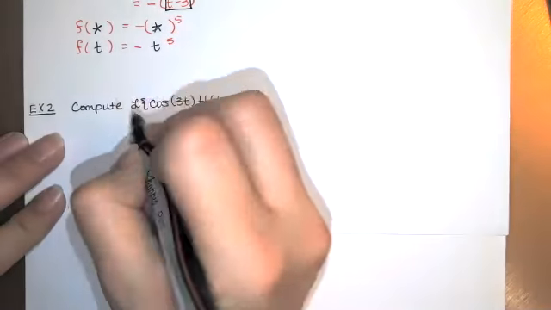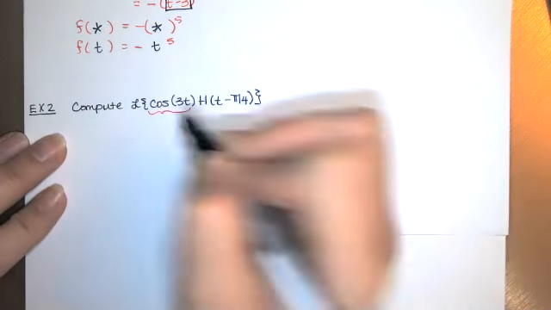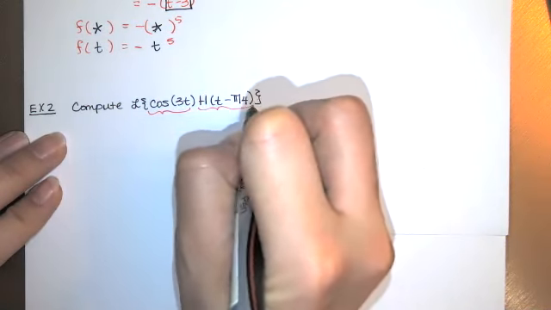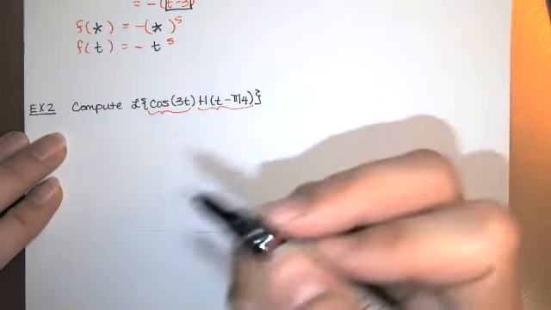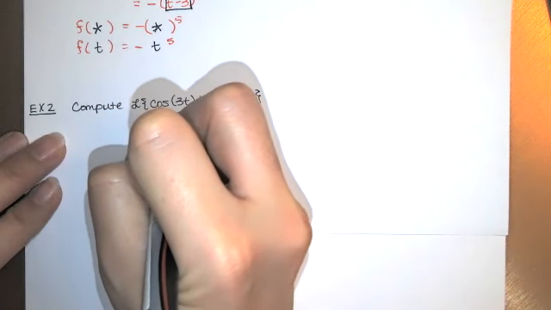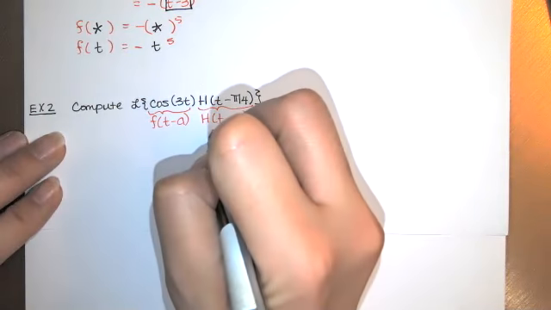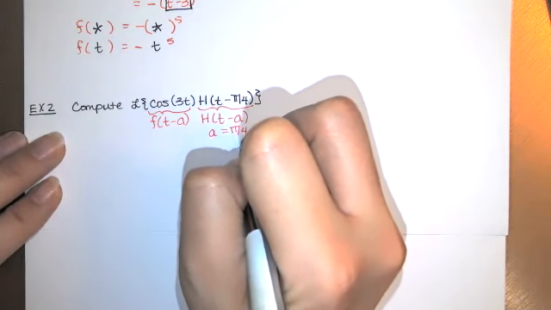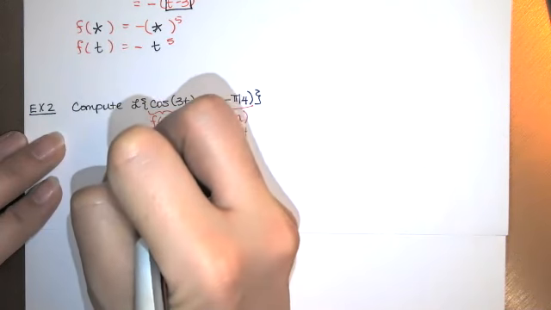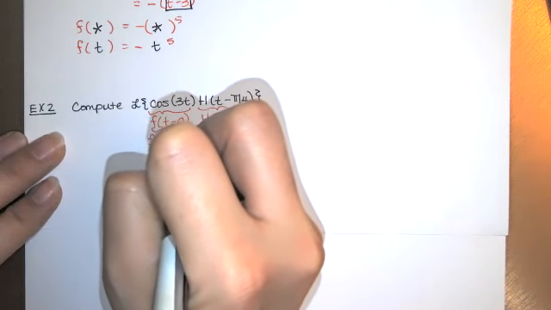But we're going to do the same thing, pattern matching. I've got a Heaviside function, so I will be using the second translation theorem again. This is f of t minus a times h of t minus a. And since those are the same, a must be pi over 4. And that makes this f of t minus pi over 4.